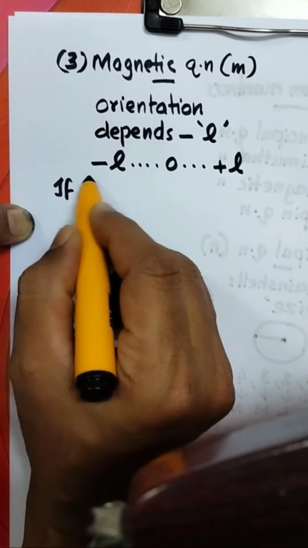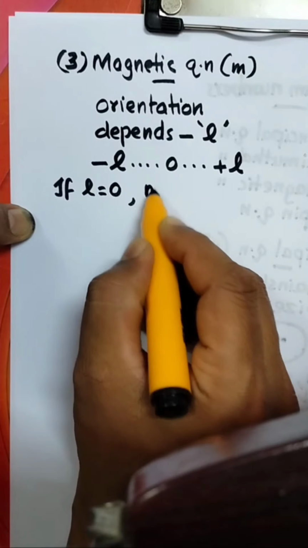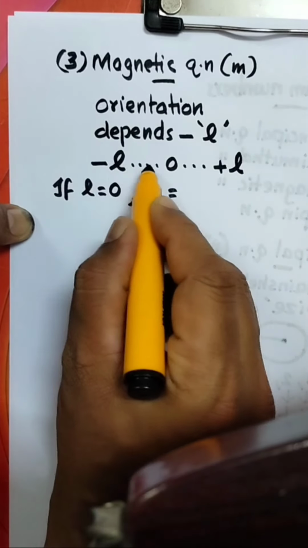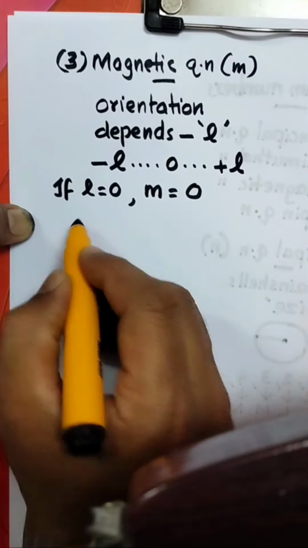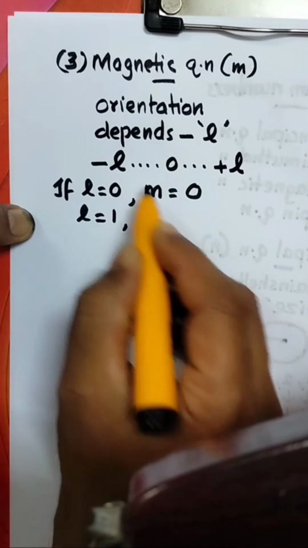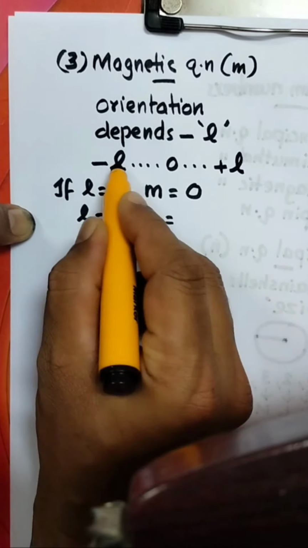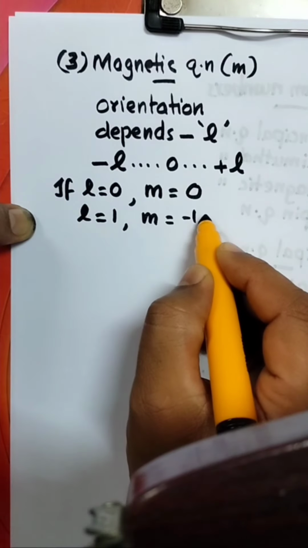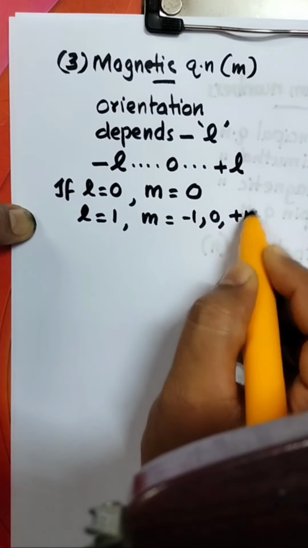If L equal to 0, then M equal to 0. If L equal to 1, M equal to minus 1, 0, plus 1.